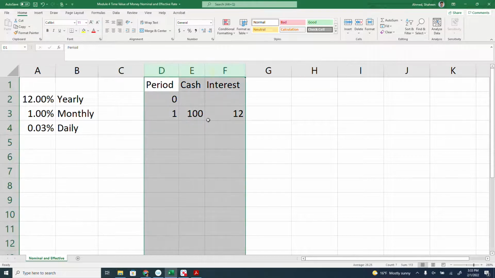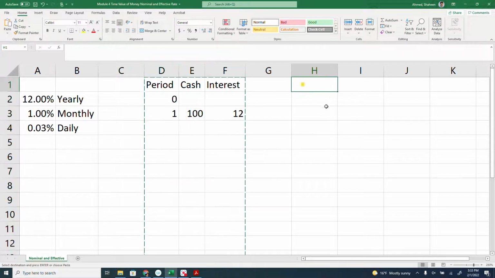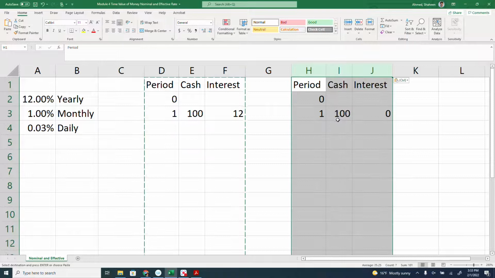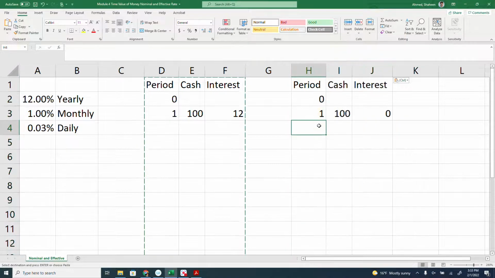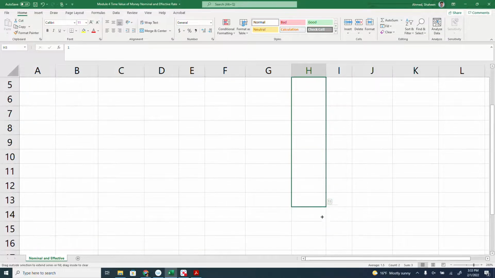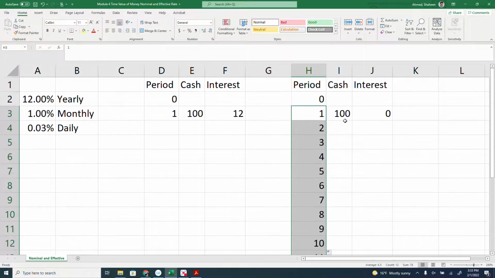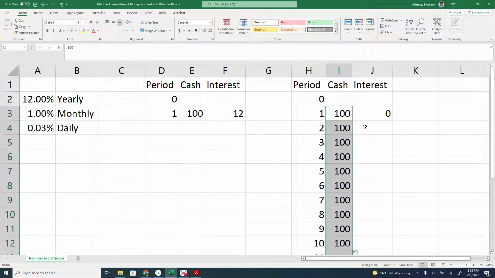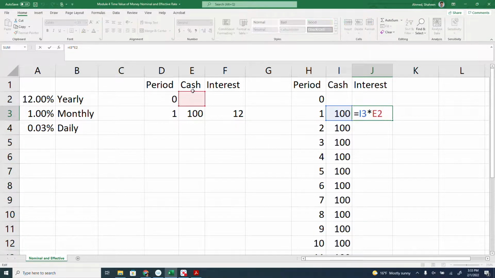Now let me show you an example here. Let's say that they're going to compound monthly. So let's create 12 months of cash flow. So you've got 1, 2, and then just copy that down. And then I think I can freeze that.